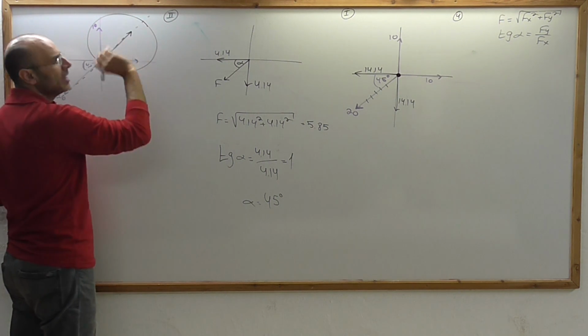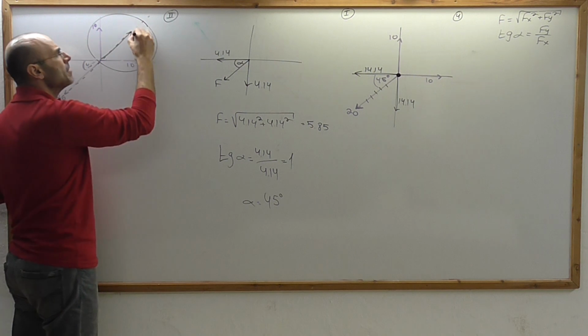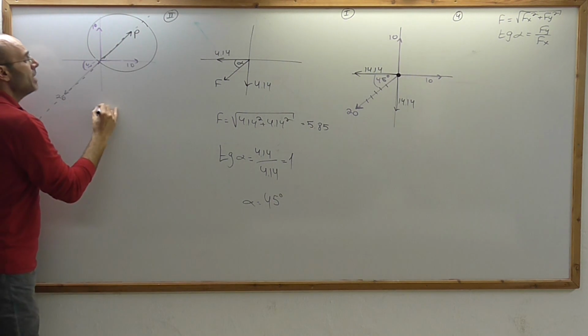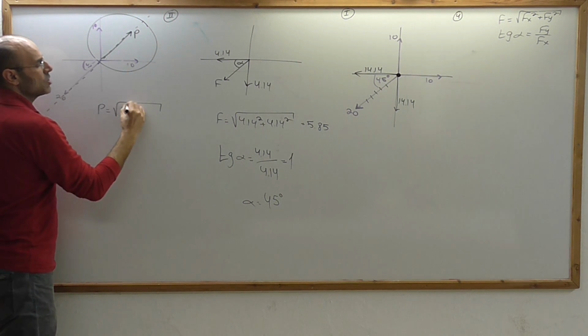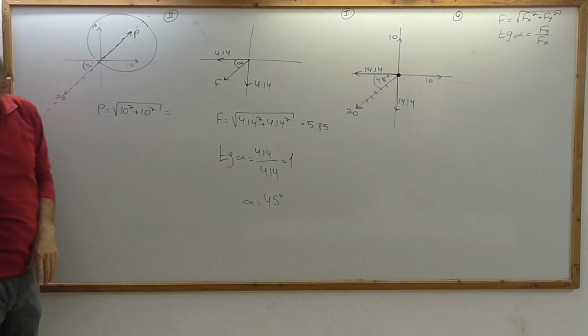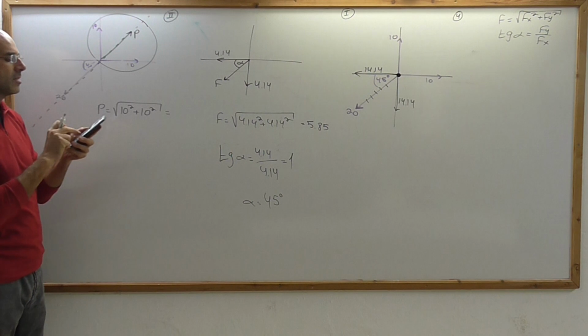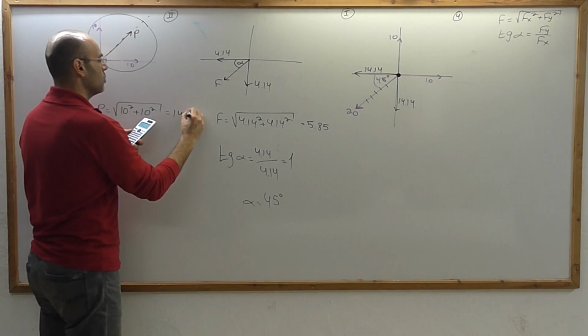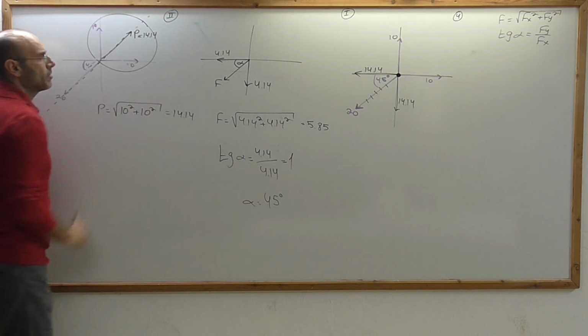Let's call it, F, I don't want F because we used it, let's call it just P. And P will be square root of Px squared, so 10 squared plus 10 squared, which means square root of 200 is 14.14. So P is 14.14.